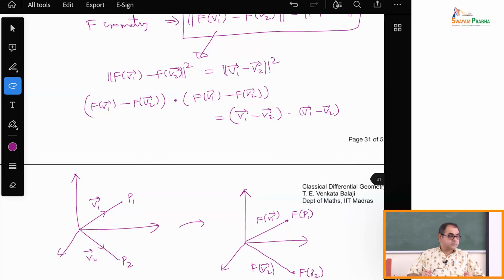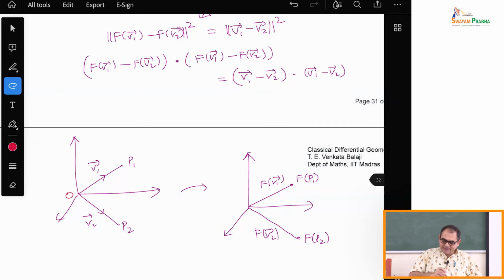Yeah, so what is bothering me is the fact that 0 is not going to 0. That's what is troubling me. Here you have to account for f of 0, okay. The problem is this f is an isometry, but 0 is not going to 0. So this is the vector which will be f of v1, as a vector, but it's not based at 0, right?